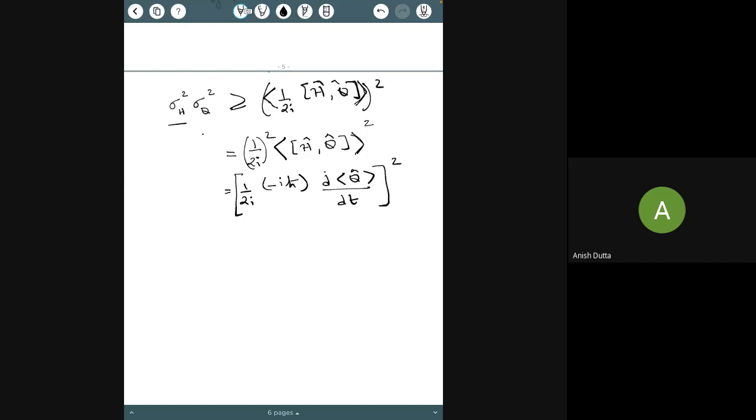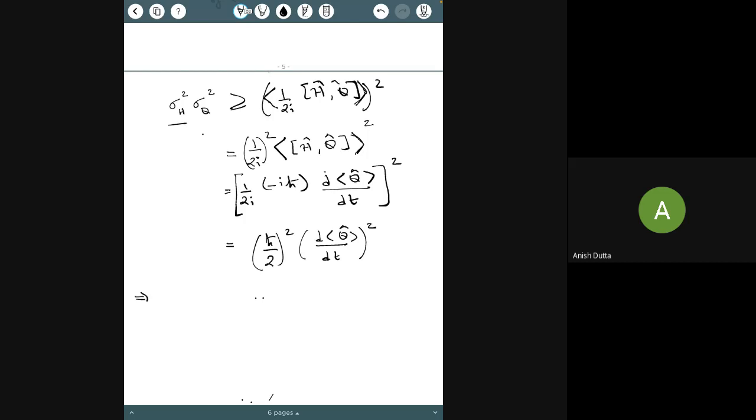Okay. So here what we have done is we have written this general uncertainty relation in terms of the commutator of the Hamiltonian with the operator for some observable, a general observable Q. Okay, and if we simplify this a little bit more, we will get h cross squared by 2 whole square, dQ/dt whole square.